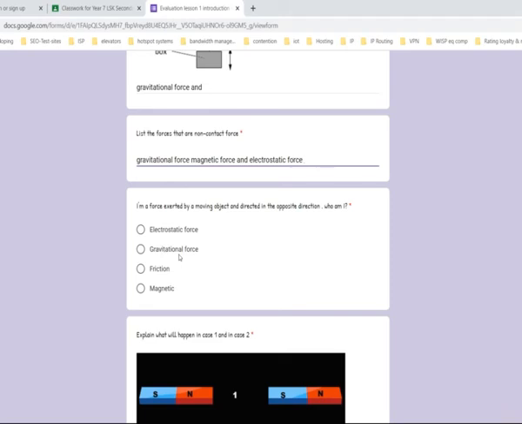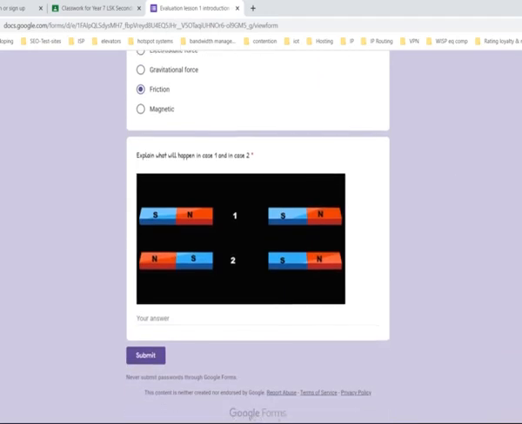No, because any object has a gravitational force and it's not directed in the opposite direction. Is it friction? Yes, it's friction, because friction is exerted by a moving object and directed in the opposite direction. It's not magnetic because there is no magnet.